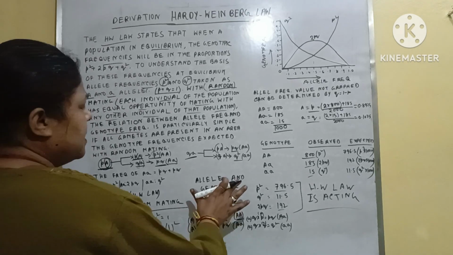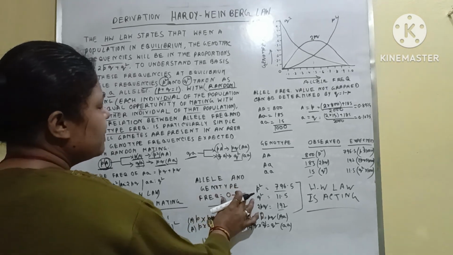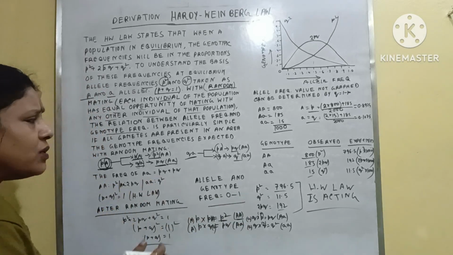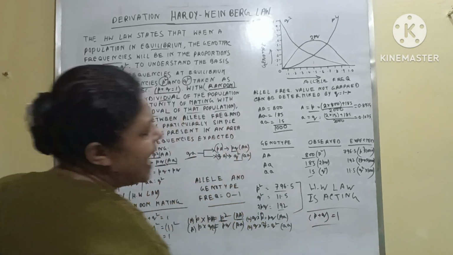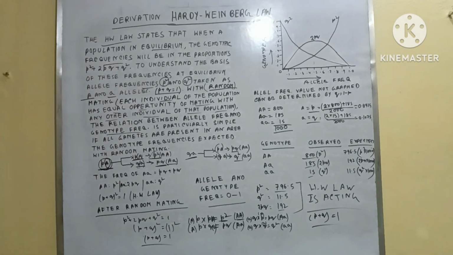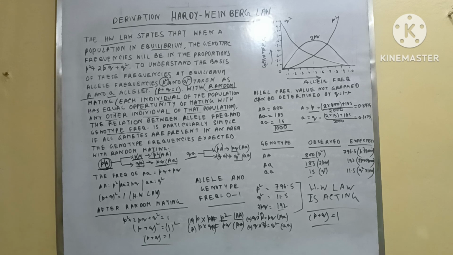So the values always remain 0 to 1. Which value? The p plus q value always remains 1, or maybe 0 to 1. Clear? So this is the actual derivation of the Hardy-Weinberg law.